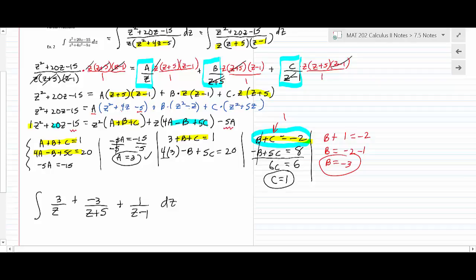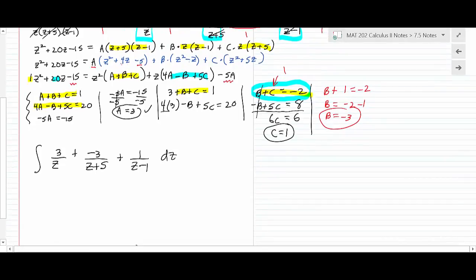And that integral right there is a very easy integral to do. You should be able to pretty much write the answer in your head. That would be my hope. Tell me what the integral of 3 over z is. 3 ln absolute value z. Don't forget the absolute value. What's the next one? Minus 3.